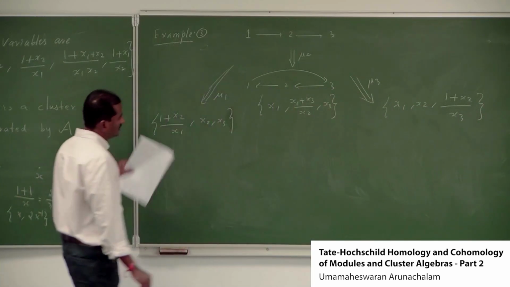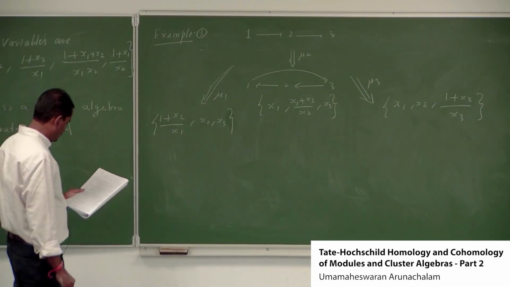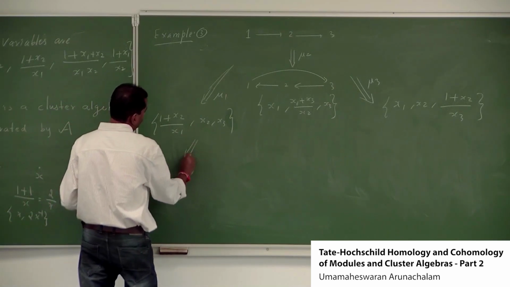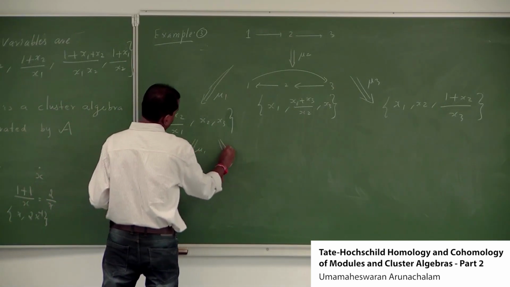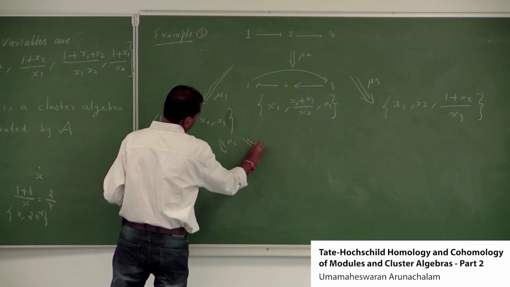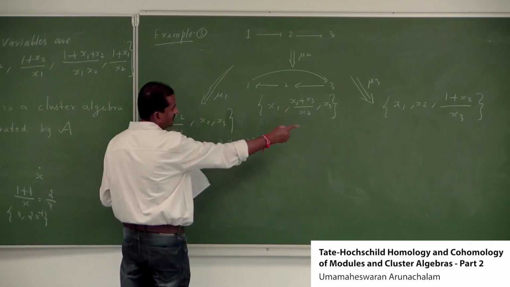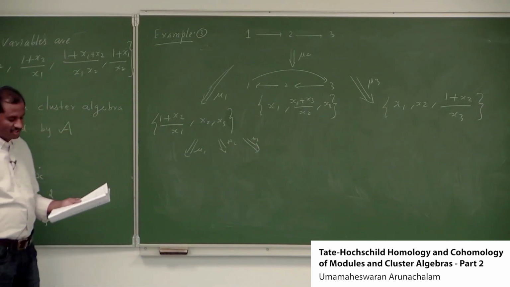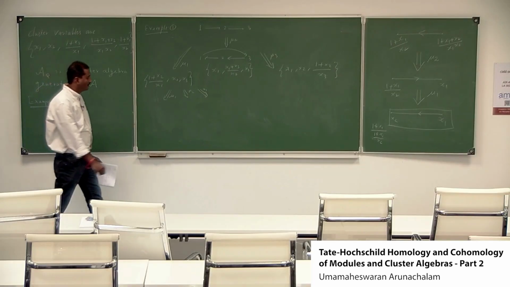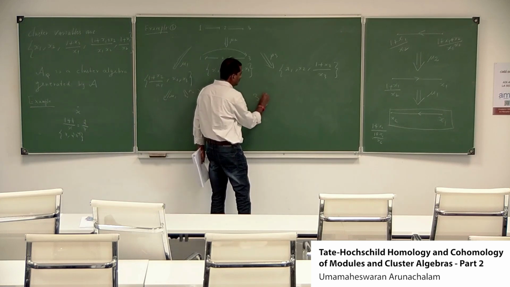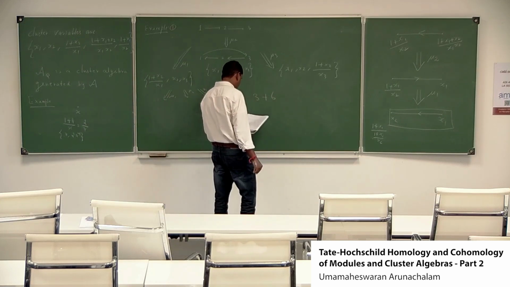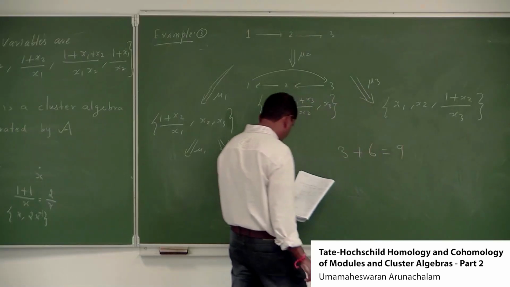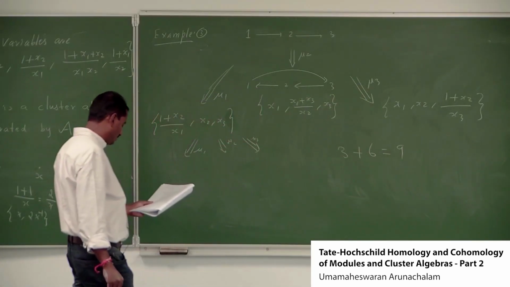So we have to do like that. Again from this we have to take mu1, mu2 and mu3. So each and every set we have to do this process. We find a total of 9 cluster variables. In this example we will find 3 initial variables and 6 new variables. This is a total of 9 cluster variables.